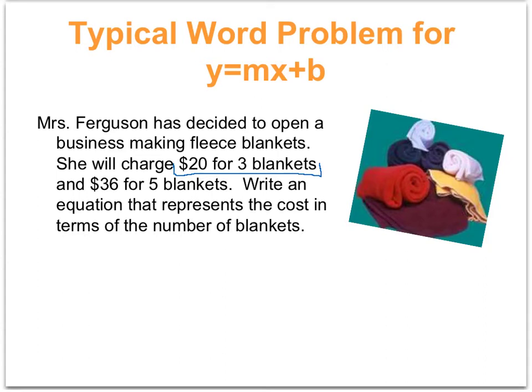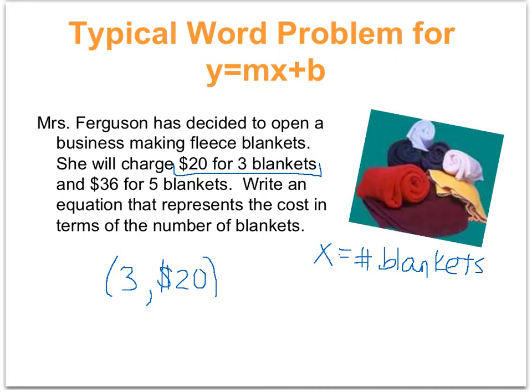So here's our first point, where 3 blankets, as long as I had x is equal to the number of blankets, the y value, or the cost, is $20. In addition, our second point is right here, where we have 5, $36.